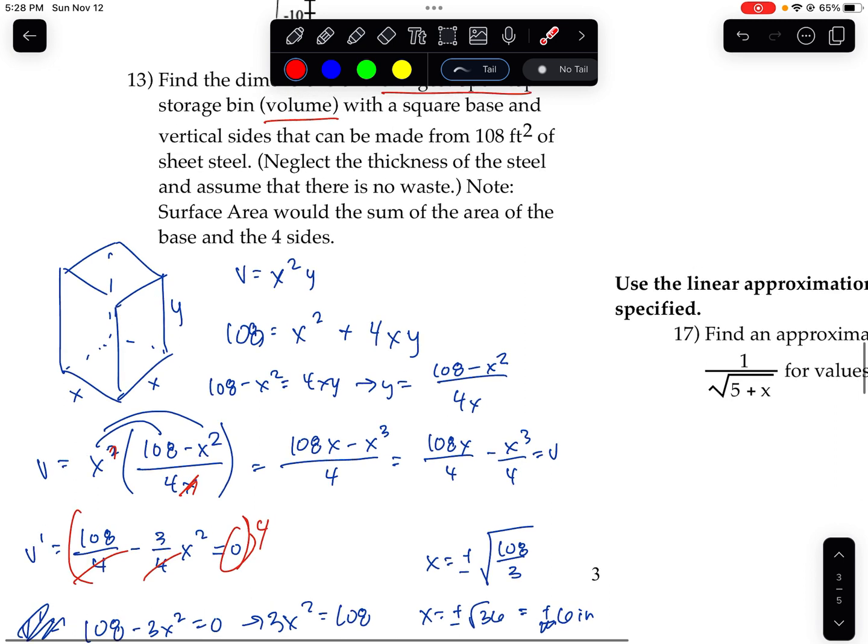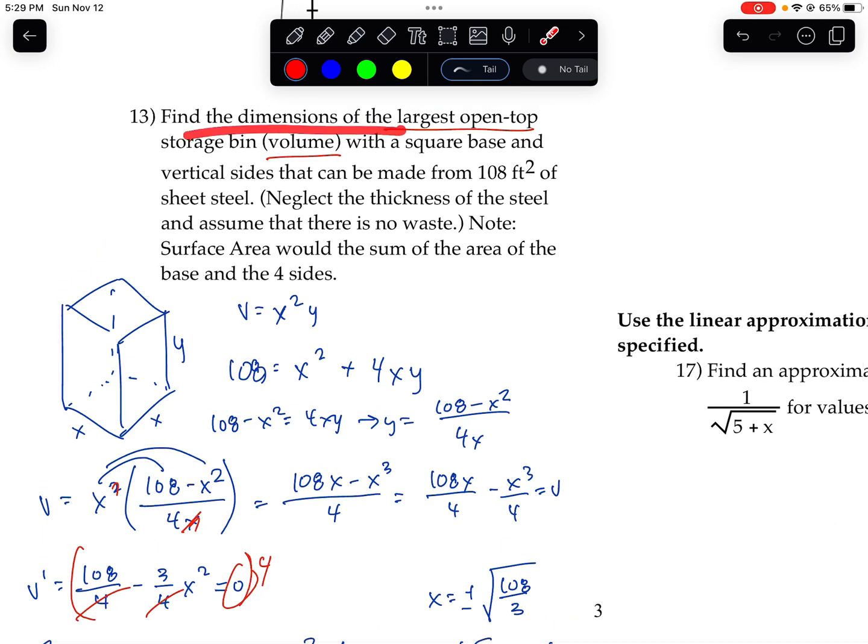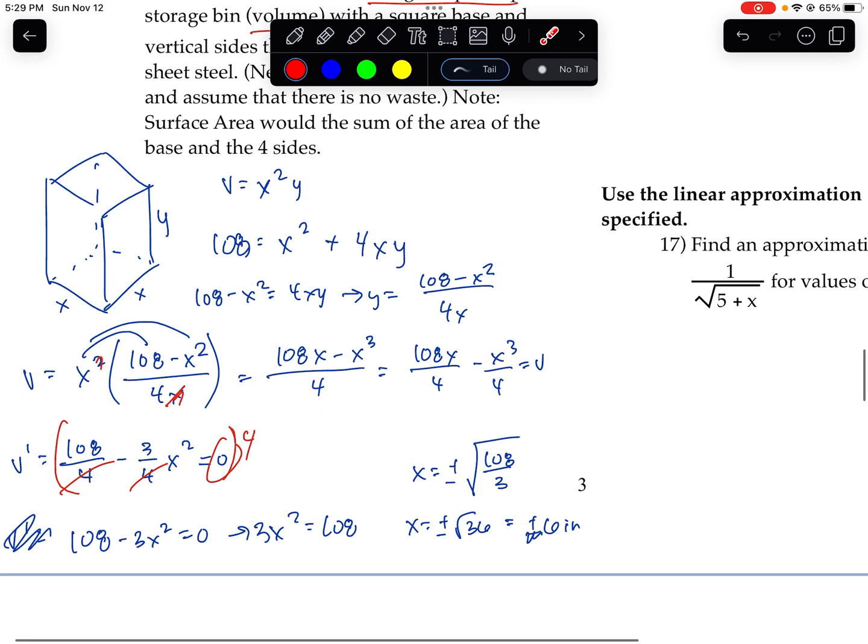Okay, so what's the question? Find the dimensions of the largest, so we're looking for the dimensions. Well, the base is going to be 6 by 6. How do I find y? Well, here's how we defined y earlier. If we plug in 6 right there, that's 108 minus 36.